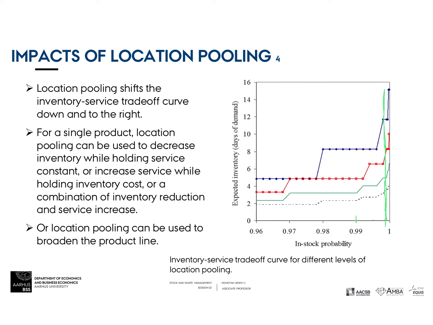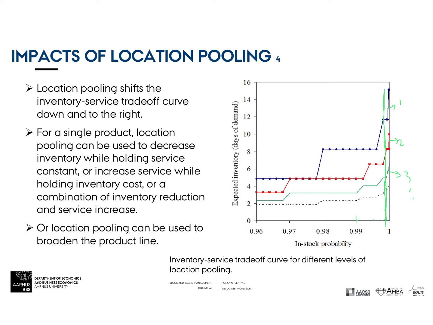when you pool the inventories, you reduce the expected inventory in days of demand. So you can see this, for example, is 1 territory, this is 2 territories, this is 3 territories, and so on.